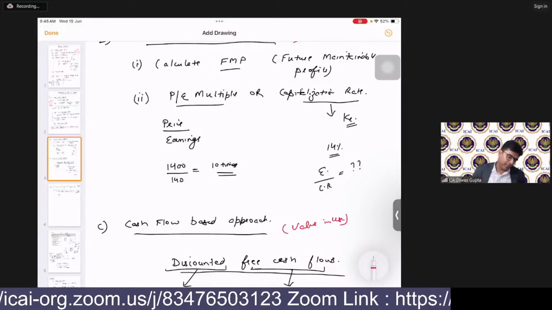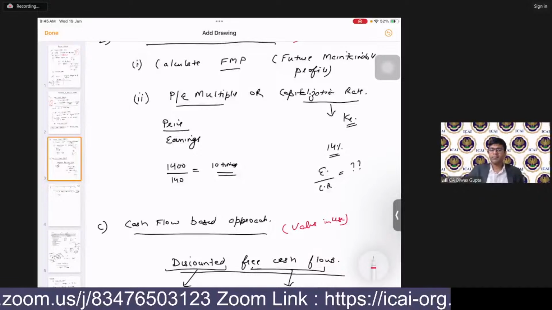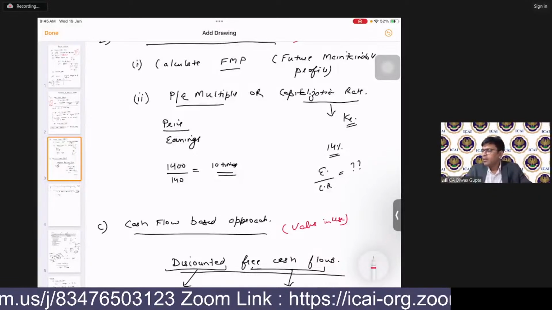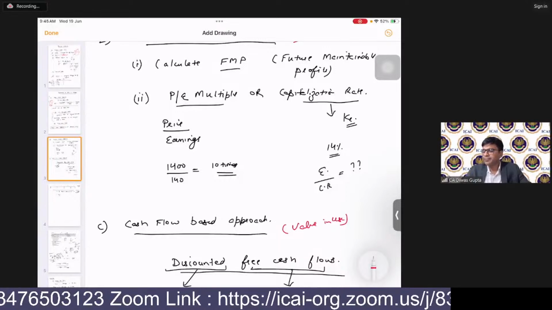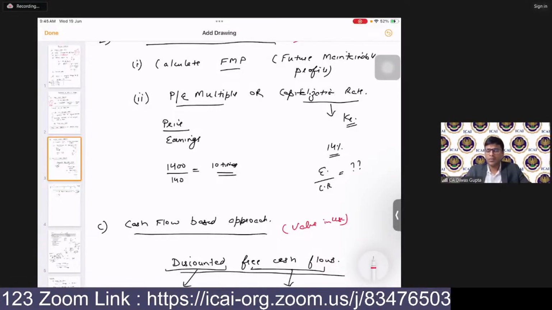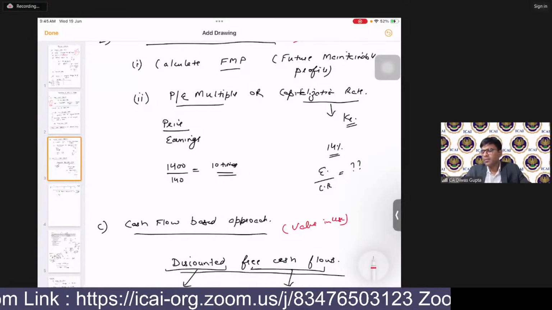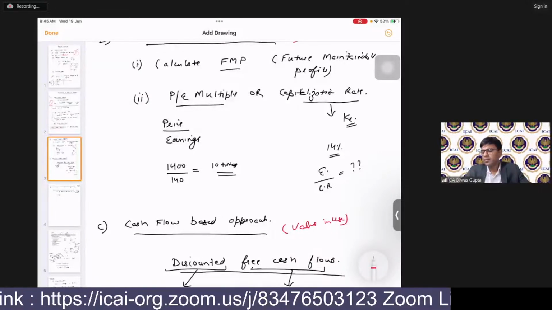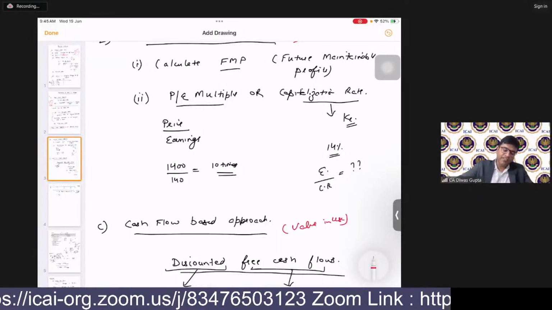Free cash flow, let me tell you, students. Should we wait for any other responses? Okay. Now, free cash flow, why do we call it free cash flow?